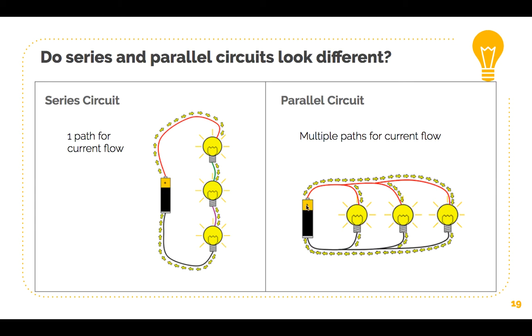So if we start at the battery and follow the arrows, once you get to this node, there become 2 different paths for current to flow. Current will flow through the light bulb, but also a part of the current will continue to flow through the rest of the circuit. So there's multiple paths for current to flow.